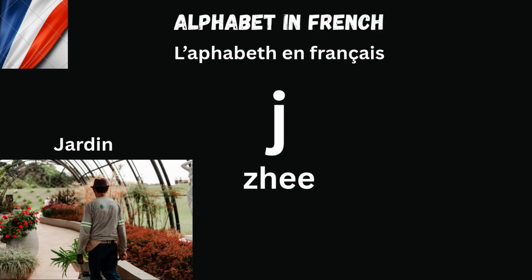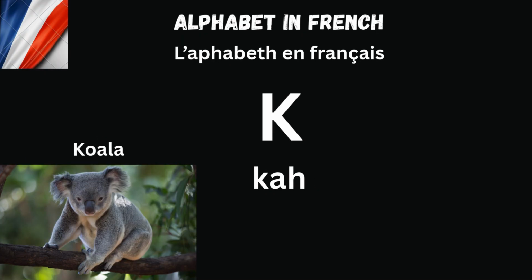Jardin means garden in English. So let's try pronouncing the letter Z twice. Z. Encore. Z. Répétez. Z. Perfect.